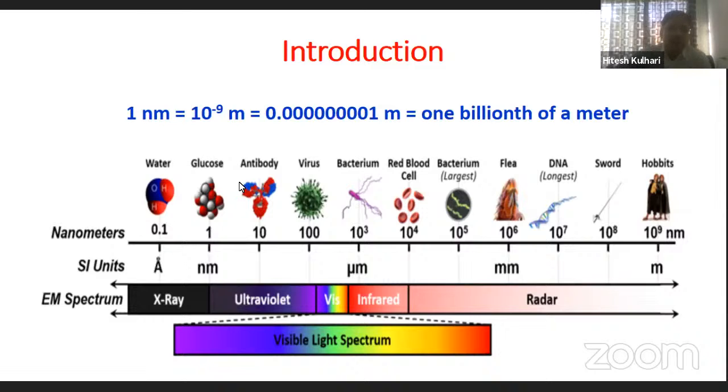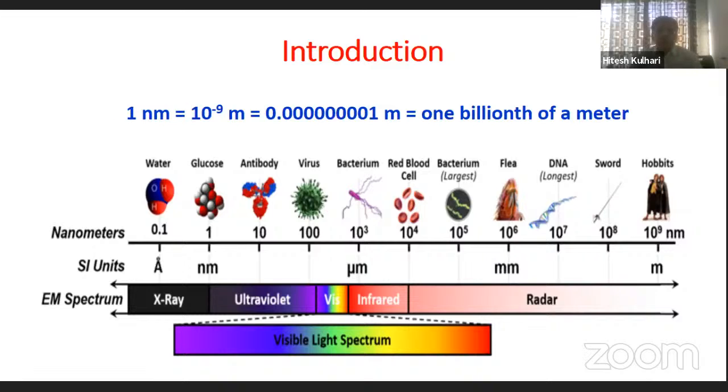Antibodies and viruses are such small things that lie in the nanoscale range. The glucose molecule, which we know from products like Glucon-D, is a biomolecule with a size of about 1 nanometer.